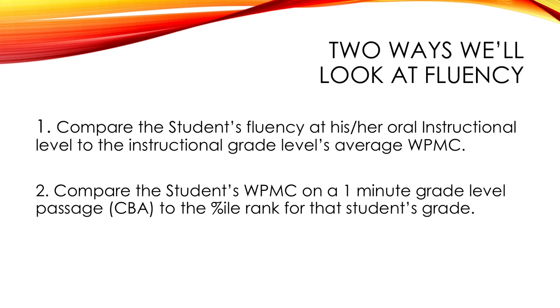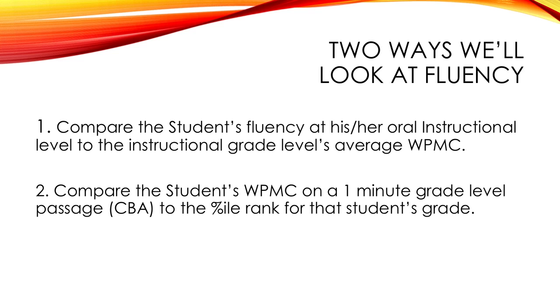So the two ways that we're going to look at fluency is kind of a non-standard way and then a more traditional way. The first way, we're going to compare the student's fluency at his or her instructional reading level, and we're going to find where that would be an average score at what grade level.